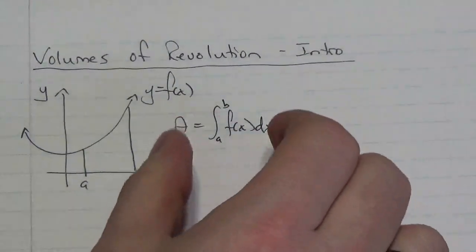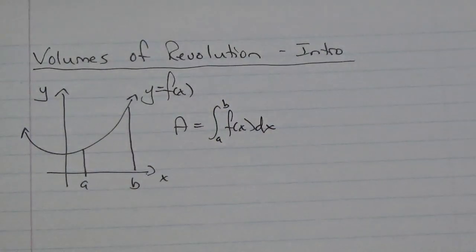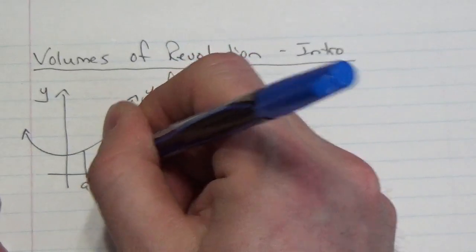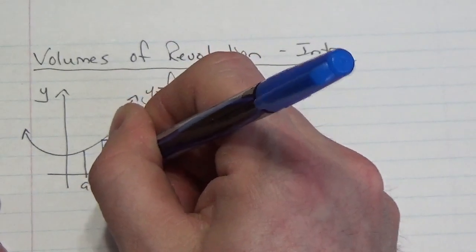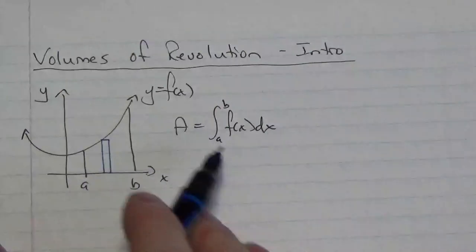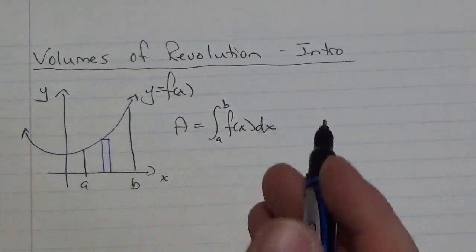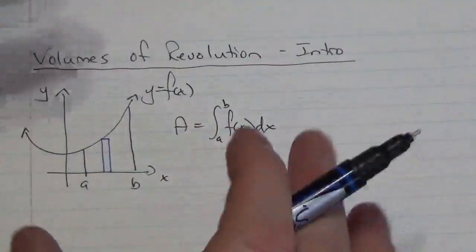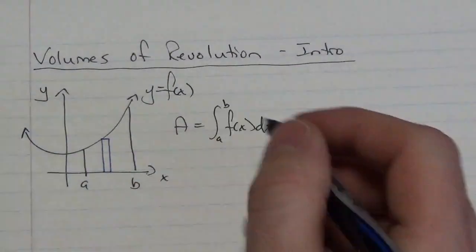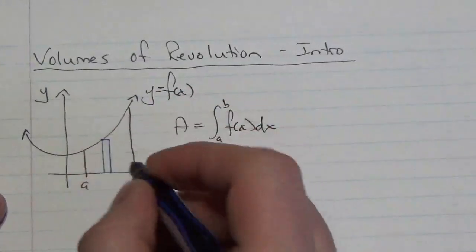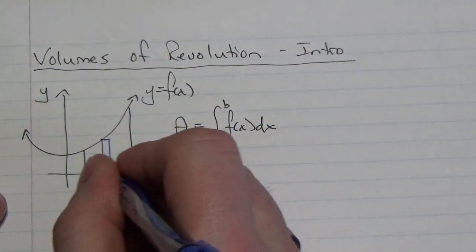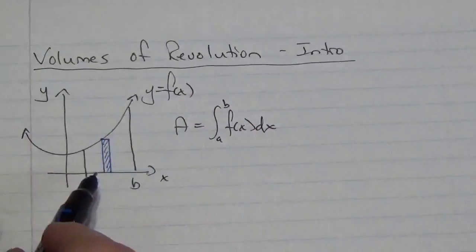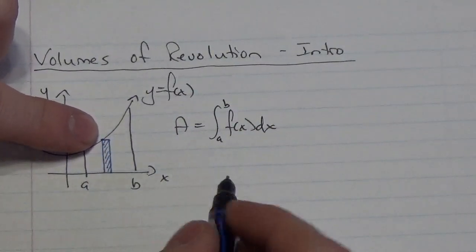Now, what this is doing essentially, and I know we've talked about this, is creating rectangles underneath this curve, but it's creating an infinite number of them and adding them up. But let's zoom in on one. The f of x right here gives us the height of that rectangle. That's what this is.